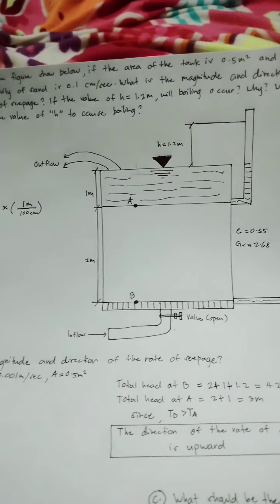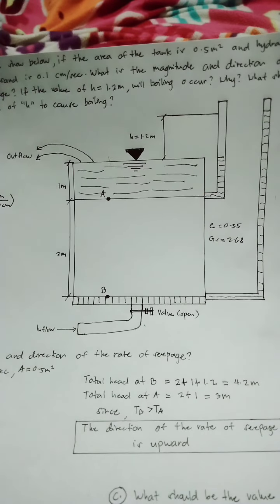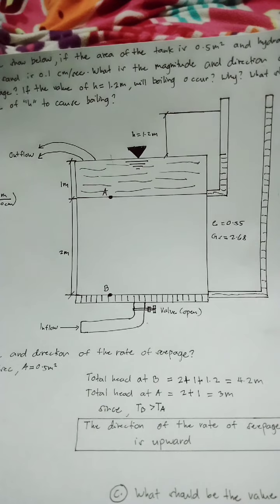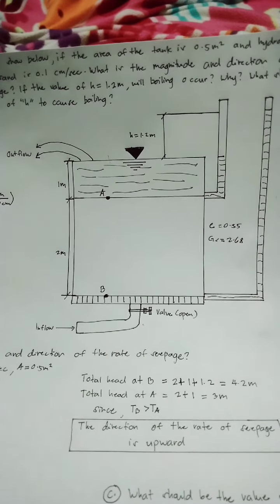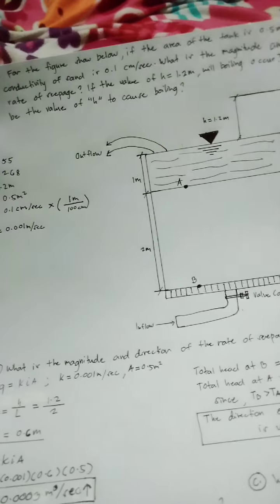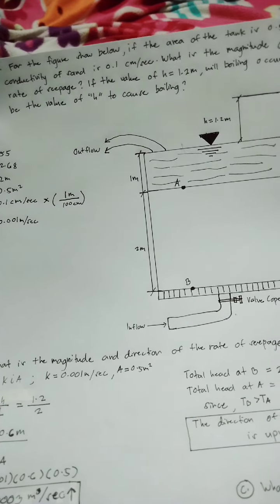If the value of H is equal to 1.2 m, will boiling occur? Why? What should be the value of H to cause boiling?